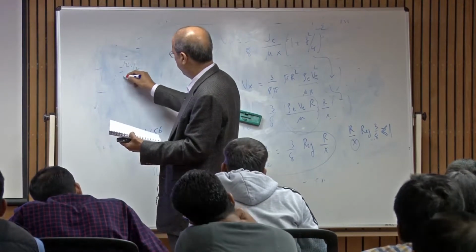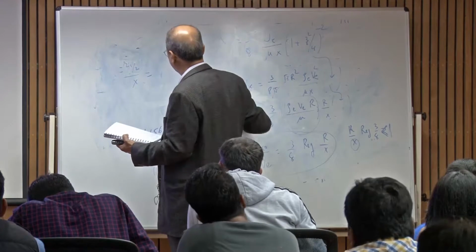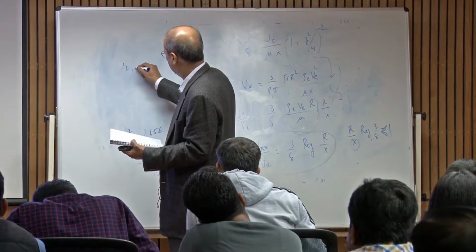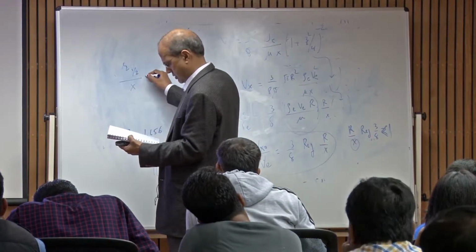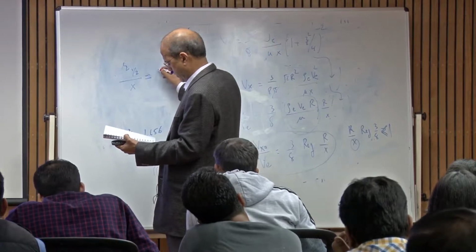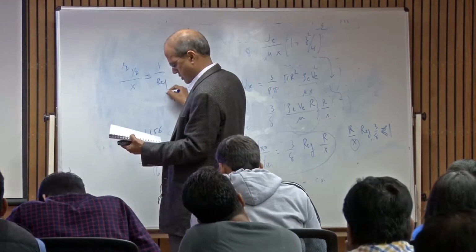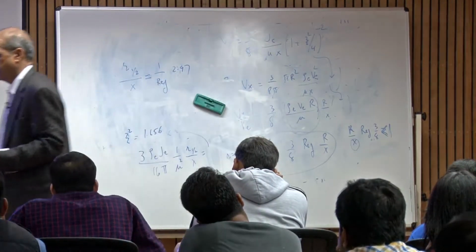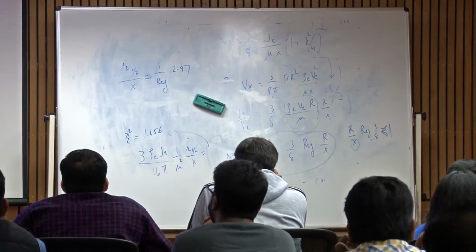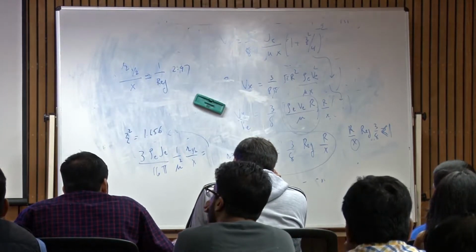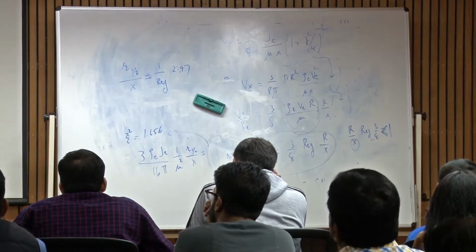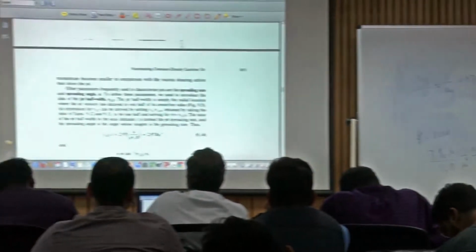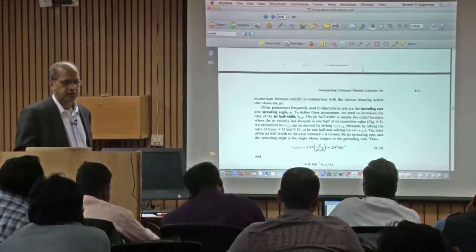R 1/2 divided by x is equal to REJ times 2.97. Let me double check the solution. Yeah, so that's the solution for the spreading radius.